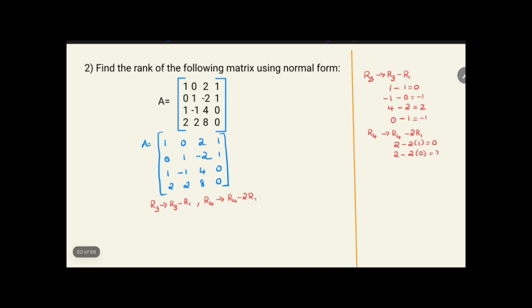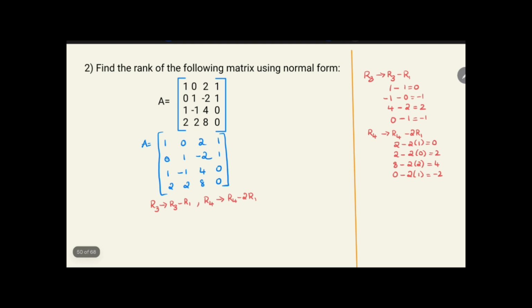So it is 2. Next, what is the third element of R4? It is 8 minus 2 into 2. 8 minus 4, it is 4. And what is the last element of R4? It is 0 minus 2 into last element of R1, which is 1, which is nothing but minus 2.